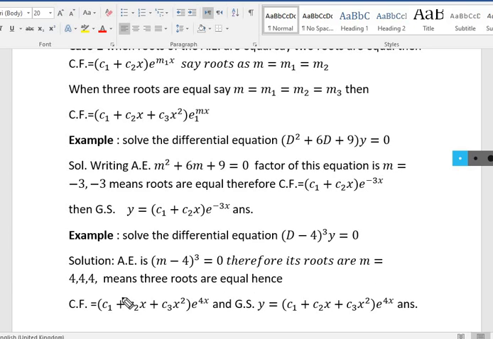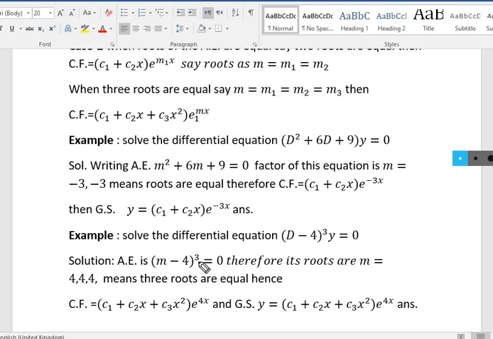Therefore its roots are, what is that? When you solve (m - 4)³ = 0, for example, my dear friends, how many roots are there?